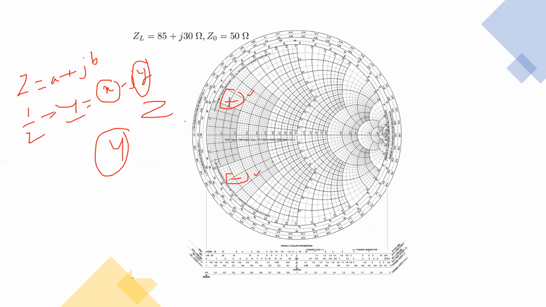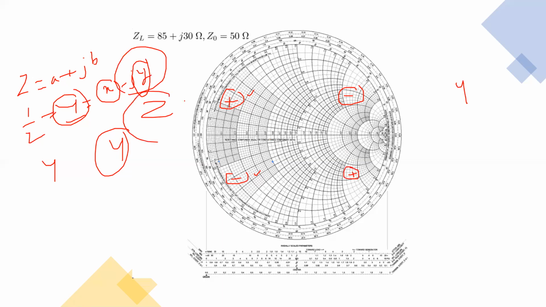When you are using Y admittance, if you get minus in the reactive component, you consider the upper half part. And when you get plus in the reactive component, you consider the lower half part.